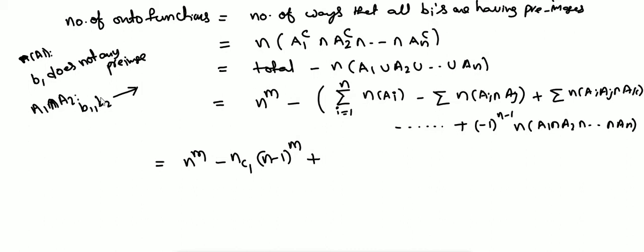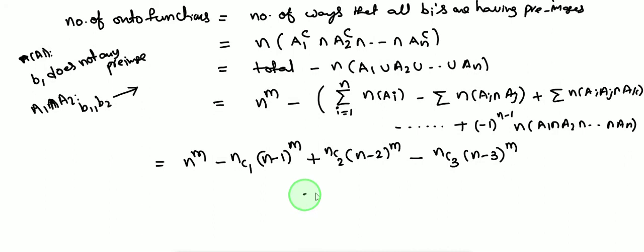How many terms will exist in this summation? That is nothing but nC2. If you go on to the next term, nC3 (n minus 3) power m, and so on, the last term will be minus 1 power n times n of A1 intersection A2 intersection and so on intersection An.